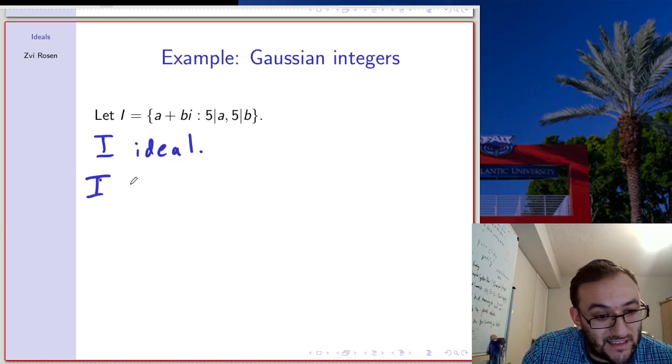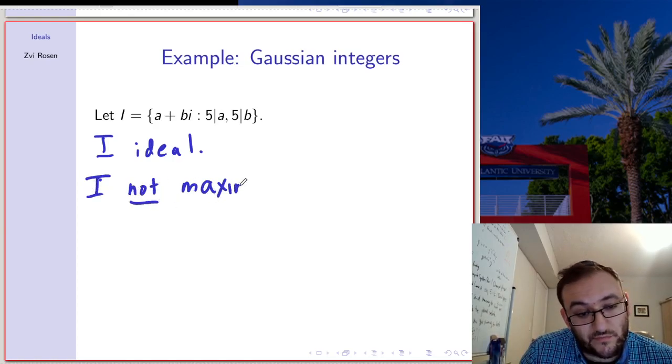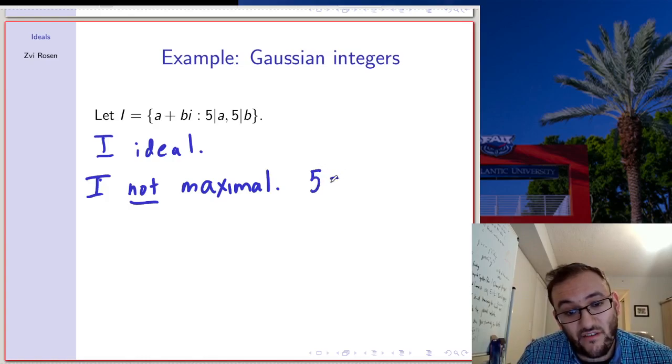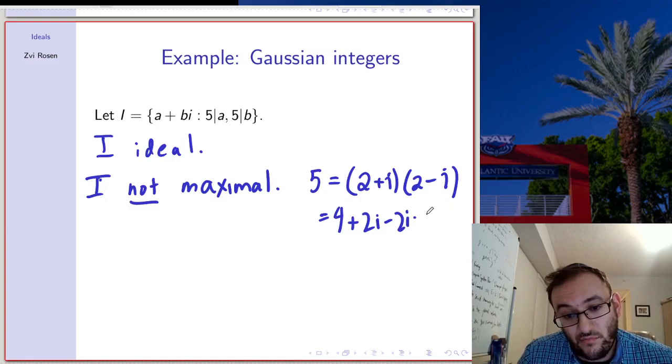I is not maximal because we can actually factor 5 as 2 plus i times 2 minus i. When you multiply out, you get 4 plus 2i minus 2i plus 1, because i times minus i is positive 1, which equals 5.